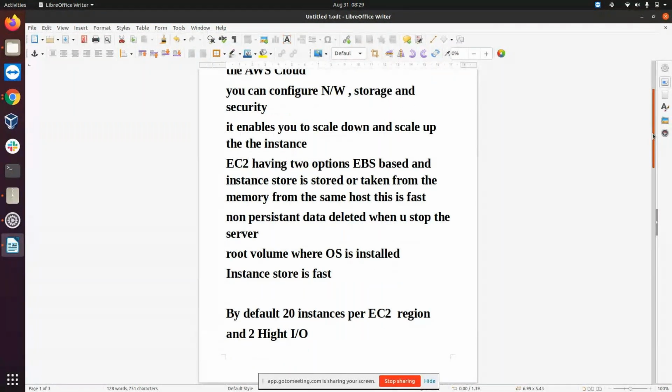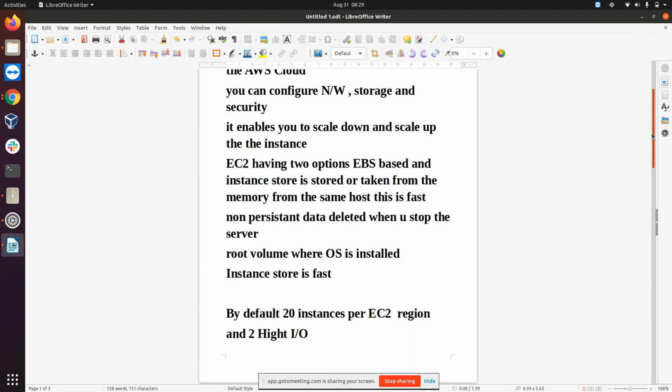So while creating a server or EC2 instance, please keep in mind, this is very important, guys. You need to note down what type of instance you are going to create. This is why we need to understand, because if your server A is running as an instance store, and something happens with the server, the data is lost. I can tell you that the ratio between EBS and instance store is less.